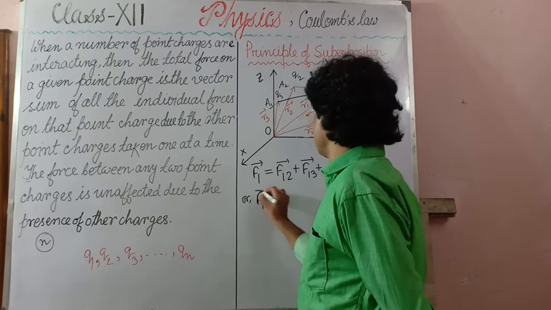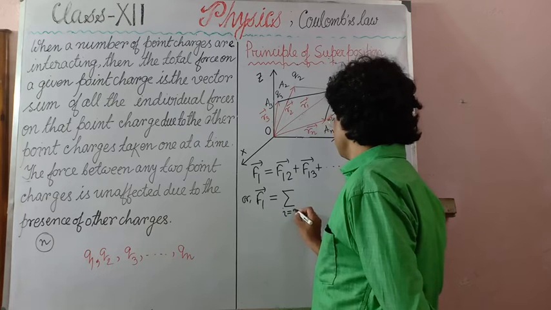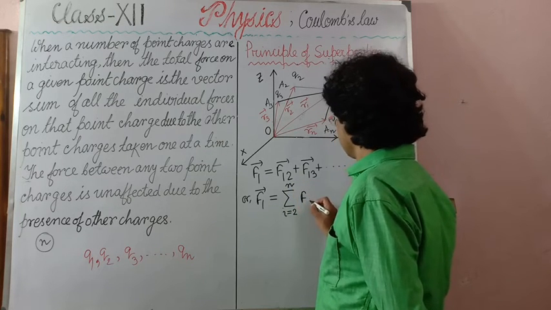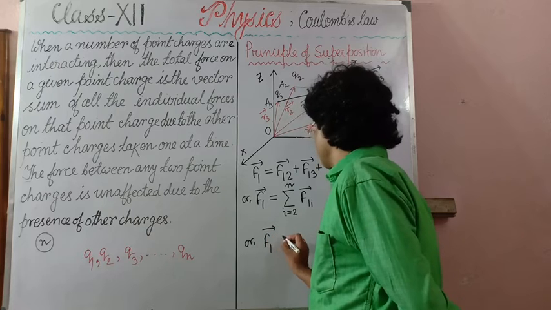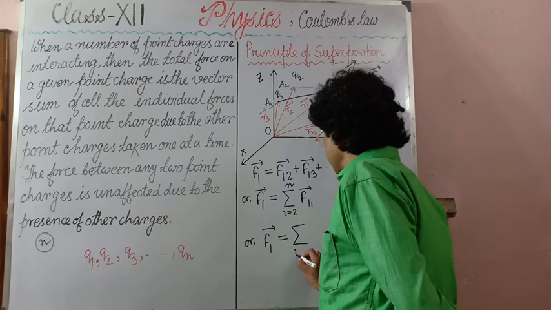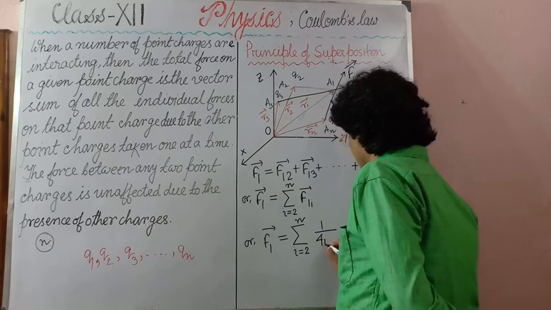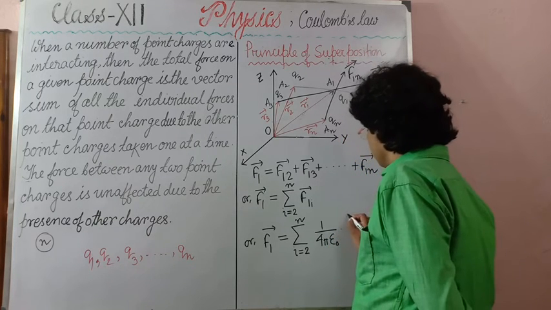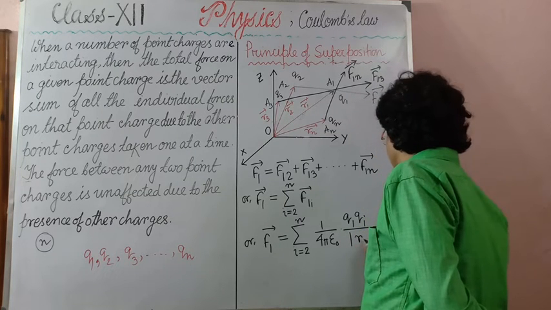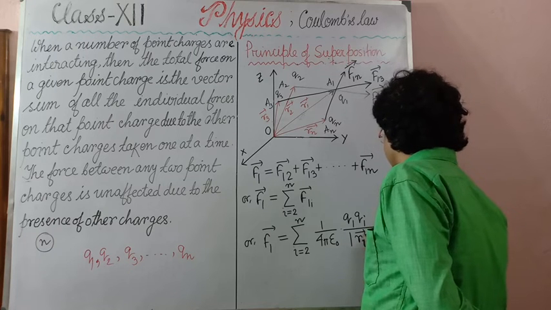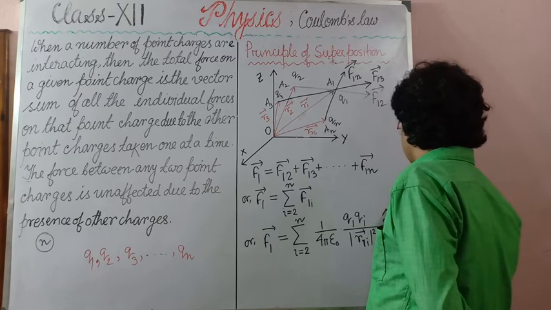or F1 vector equals summation i equals 2 to n of F1i vector, or F1 vector equals summation i equals 2 to n of 1 by 4 pi epsilon 0, Q1 Qi by the square of mod R1i vector, into R1i cap.